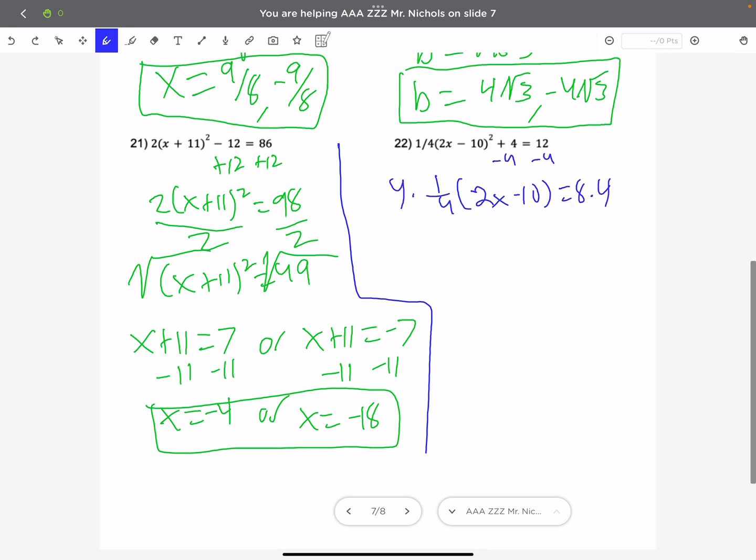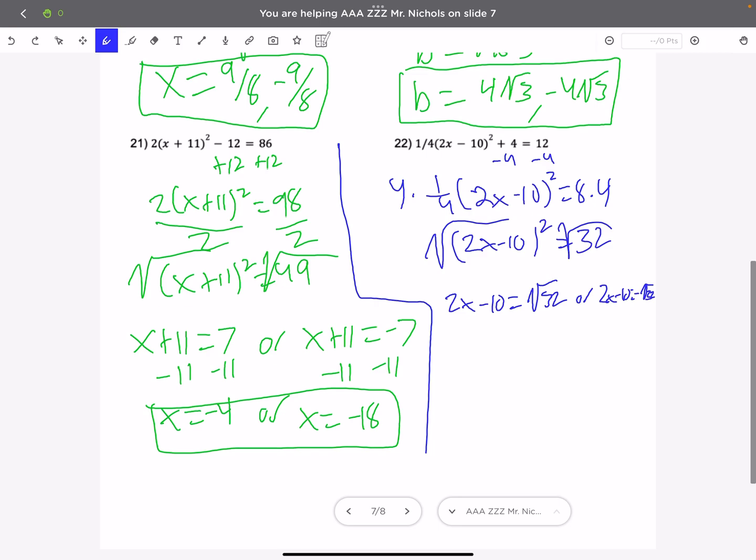Multiply both sides by 4, and I get 2x minus 10 squared is equal to 32. Square root. Now, just like before, we would say 2x minus 10 is equal to the square root of 32, or 2x minus 10 equals negative square root 32. Like that, and kind of fit it in the corner there. I'm going to just focus on the positive side.